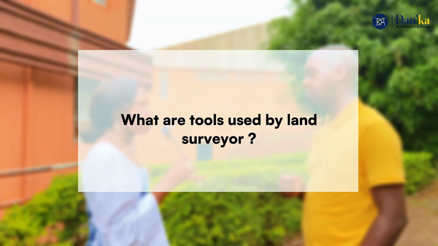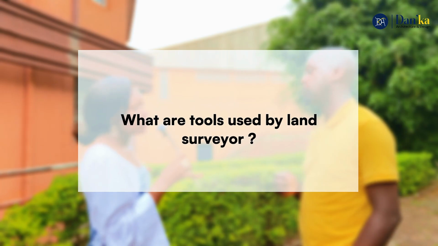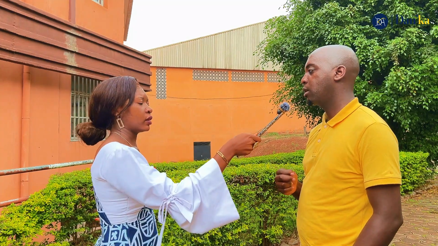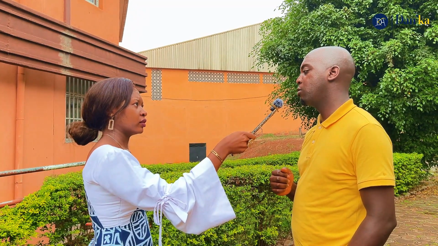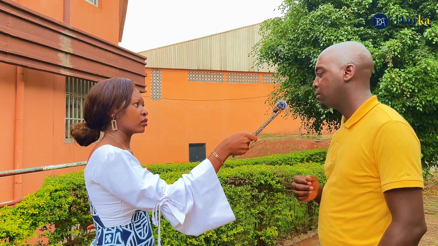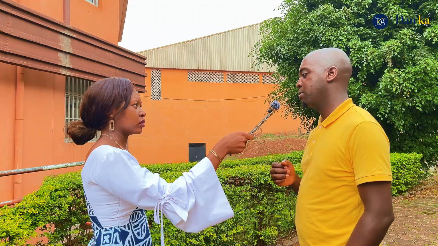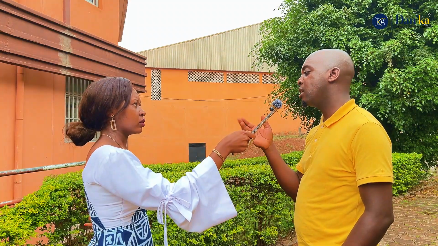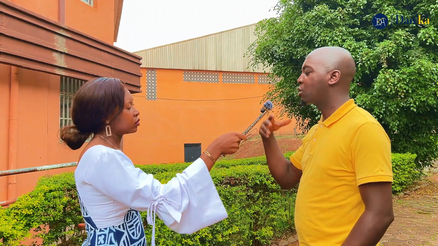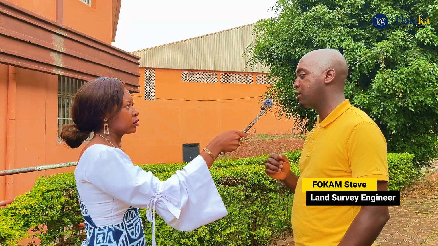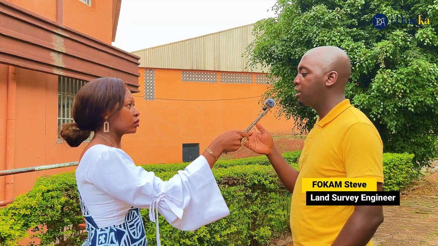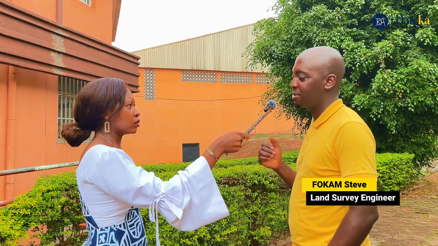What are the tools used by the land surveyor, and how have they evolved in these recent years? The land surveyor uses various tools, namely the total station, the GNSS receiver, which is commonly known as GPS. Presently, we use drones.